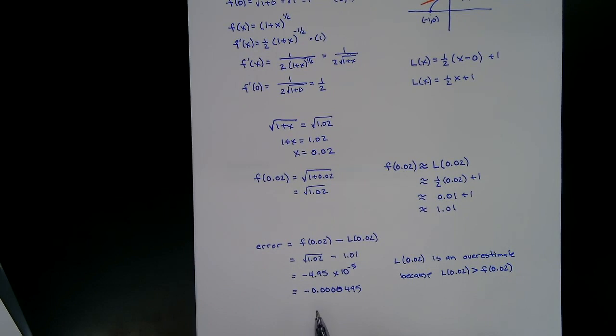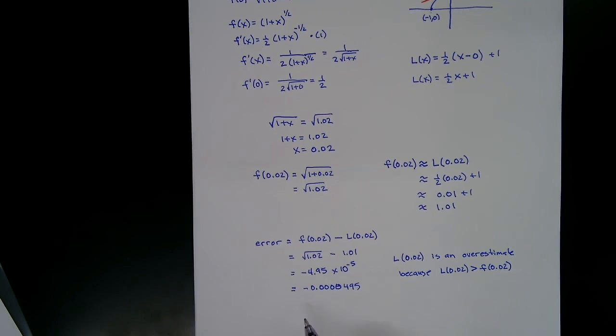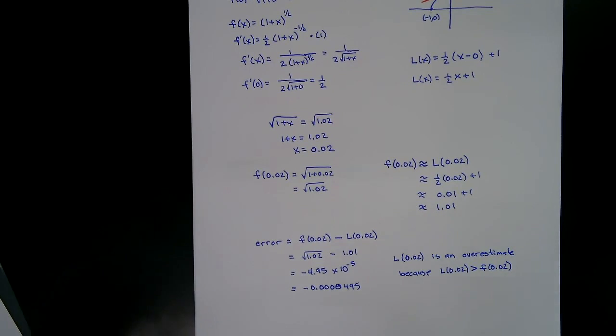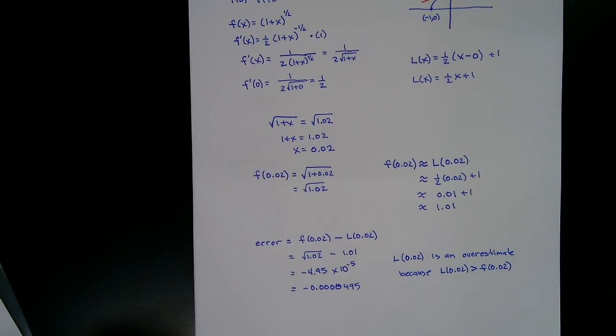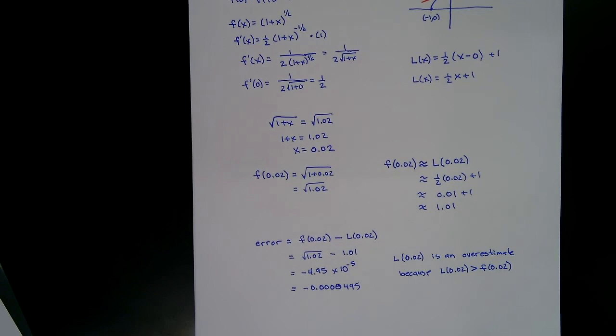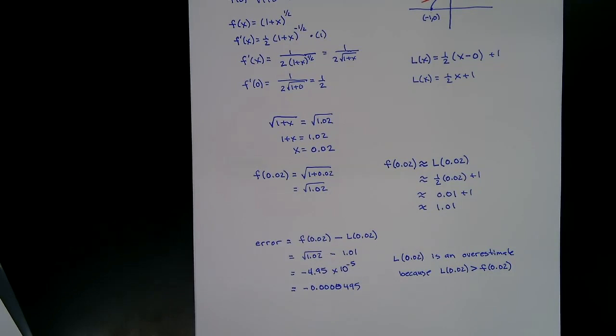Okay, so if this had come out to be positive, then L of 0.02 would have been an underestimate, because when you take a higher number that's above it, F, and you subtract a lower number, L, then that's gonna give you a positive value, okay? All right, so that's how you do this, okay?